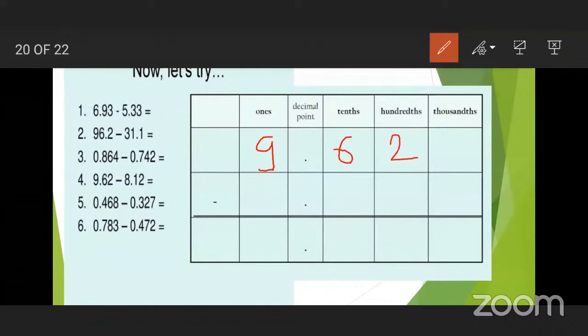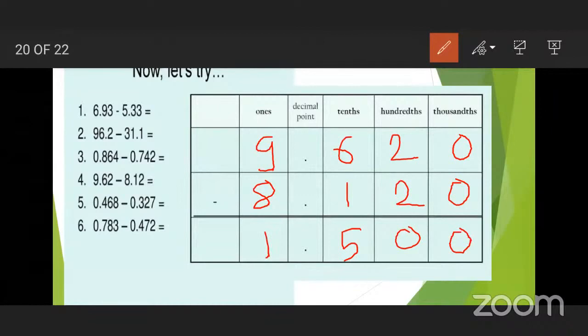In the thousand place we will put 0. 0 minus 0, 0. 2 minus 2, 0. 6 minus 1, 5. 9 minus 8, 1.